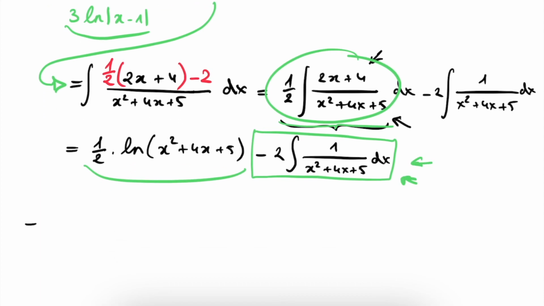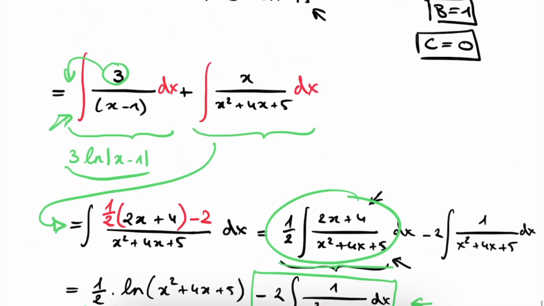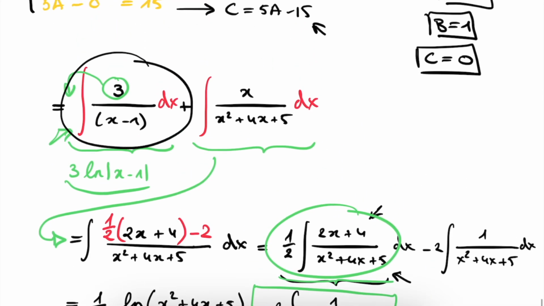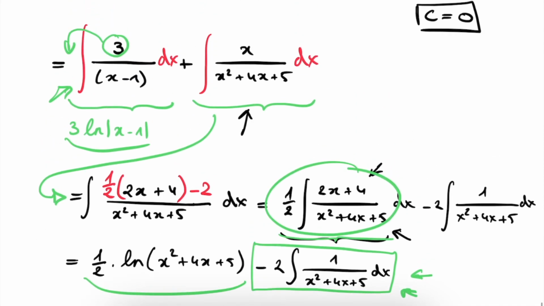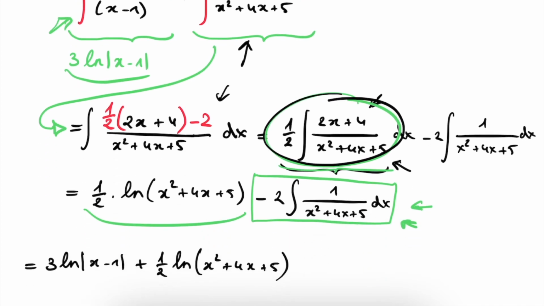So let me rewrite our complete solution, which is 3 times the ln of x minus 1, which was, of course, this first integral, which we solved directly. Now we have plus 1/2 times the logarithm of x squared plus 4x plus 5, which was part of this integral, which we split into two integrals here and solved the first integral.